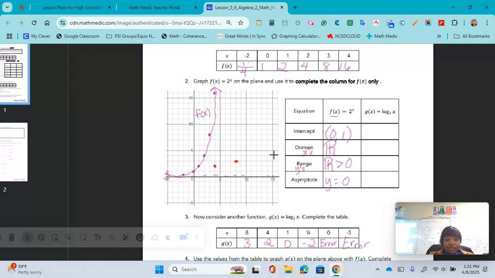When our x is 1, our y is 0. When our x is 1/4, our y is negative 2. So now we have points for our logarithmic function. Our logarithmic function is called our g of x.